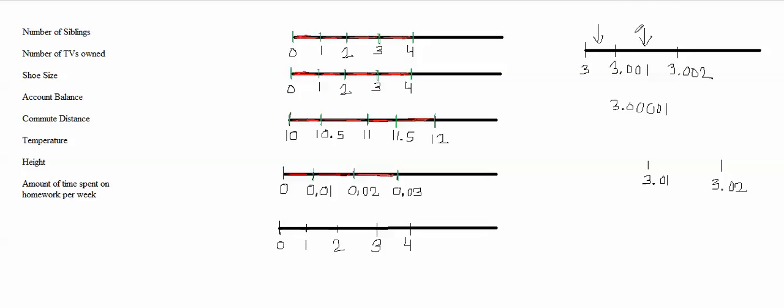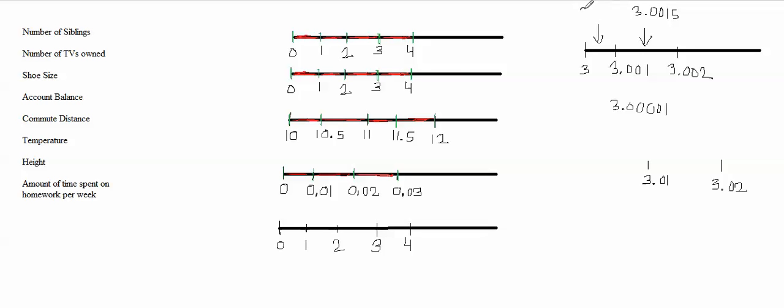For example, a number in here would be 3.0002 or 3.0015. So a person's exact commute distance could be this number, which would fall in between these two numbers here.